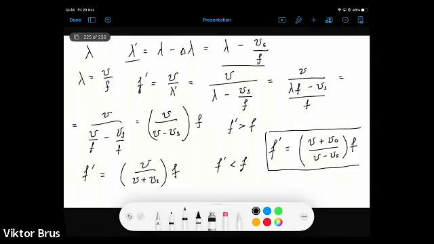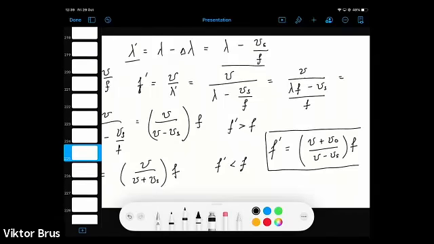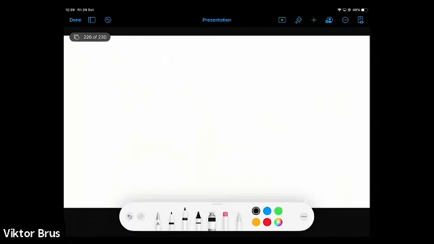So that is it with the Doppler effect. And one more thing we need to discuss is a shock wave, which is formed by an object which is moving with a speed higher than the speed of sound. That's another interesting feature of sound waves. So let us assume that our source speed is equal to 2 times the sound speed, so twice higher than the sound speed.